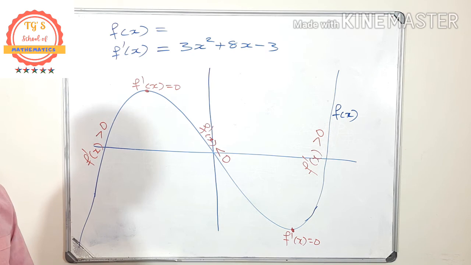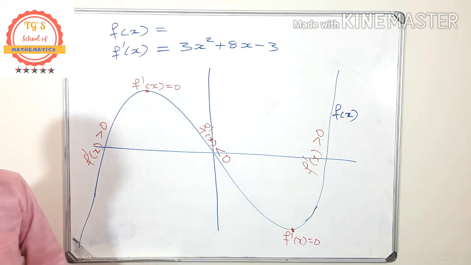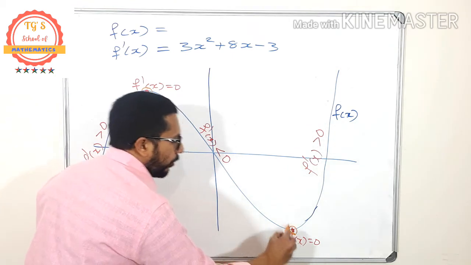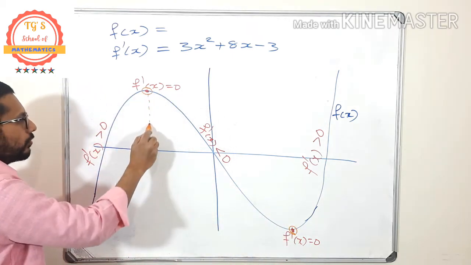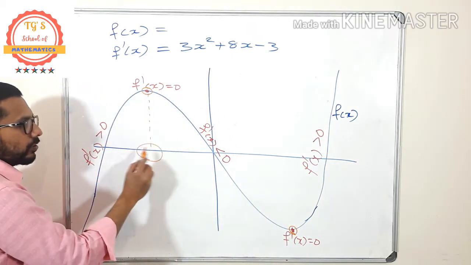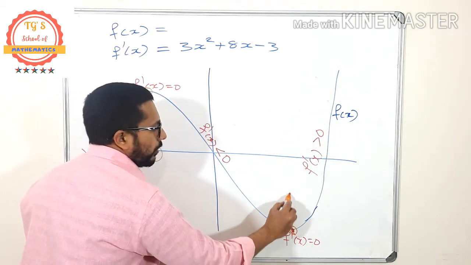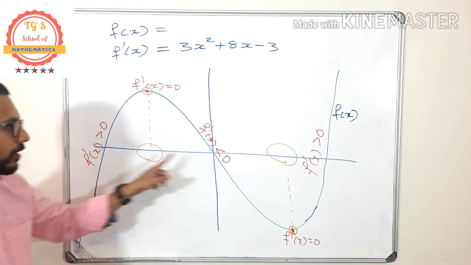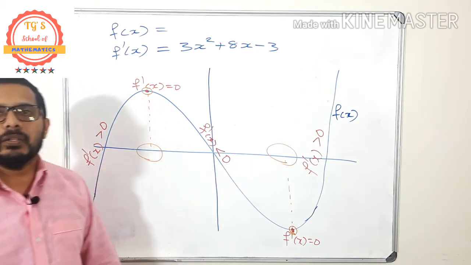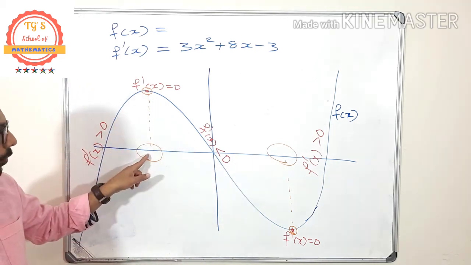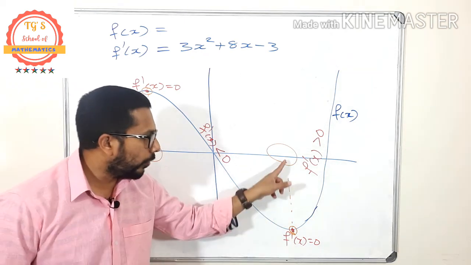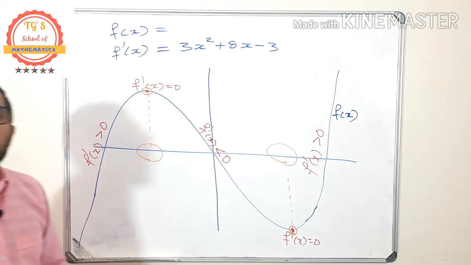I already told you these points are known as stationary points. You have to find what the x coordinates are here. What is the x coordinate of this point? What is the x coordinate of this point? That is what you want to find.